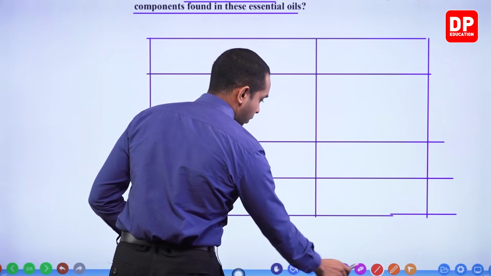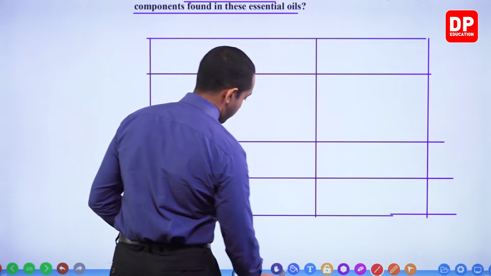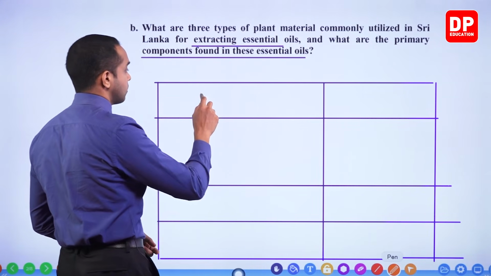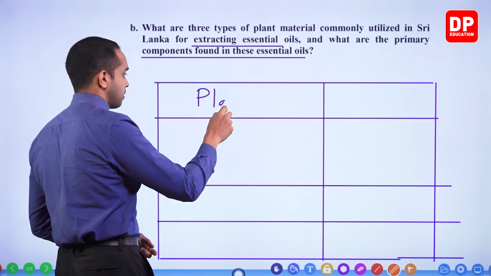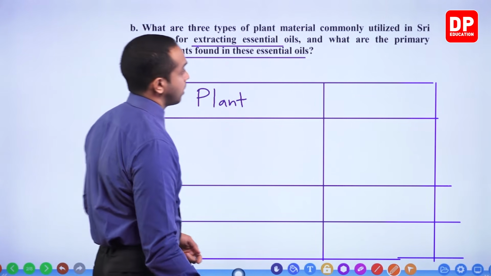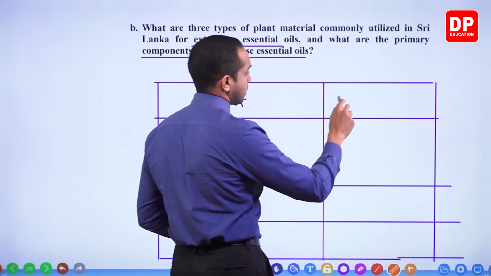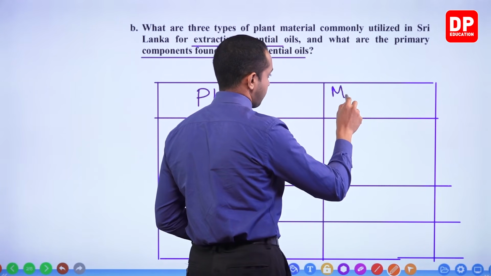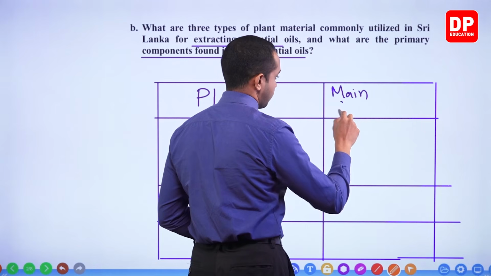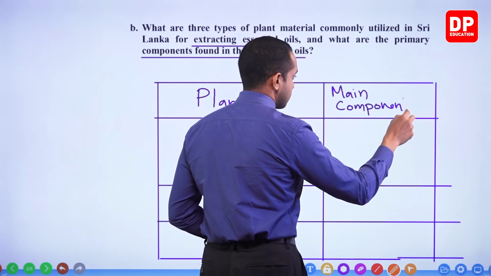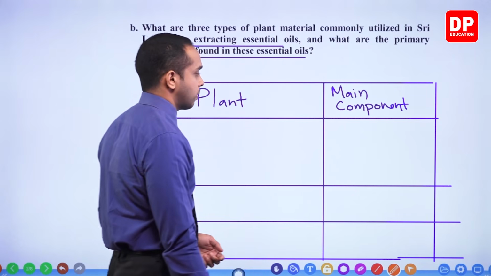Right. So now we will write the name of the plant here, plant, and they're asking for the primary component or main components in the essential oil.